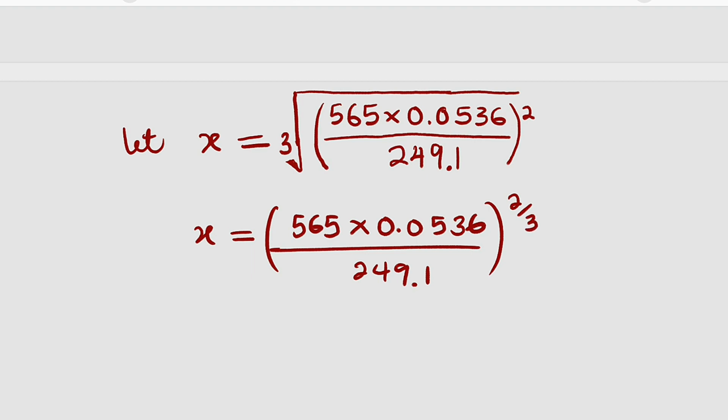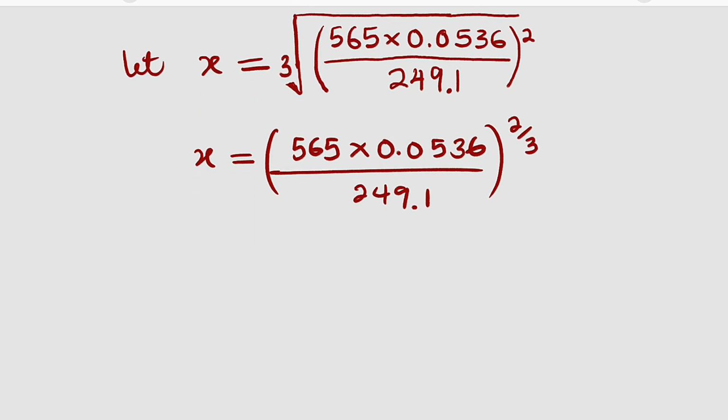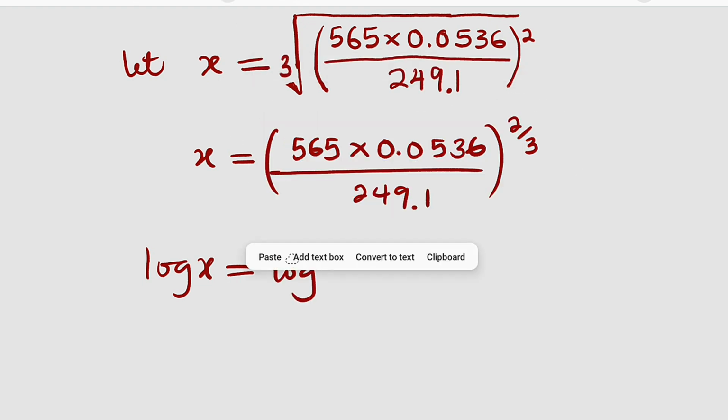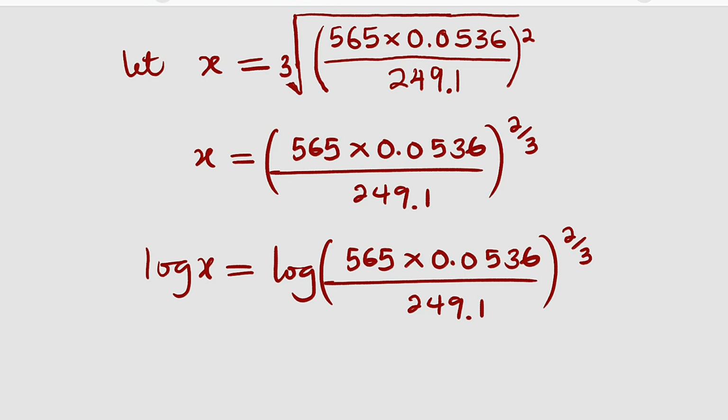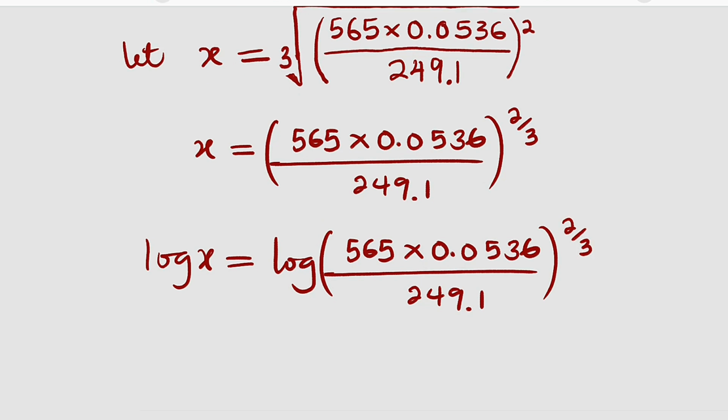From here, I want us to take log of both sides. So we take log of x, and we have to take log of this. And from one of the laws of logarithm, this power can drop down to multiply.